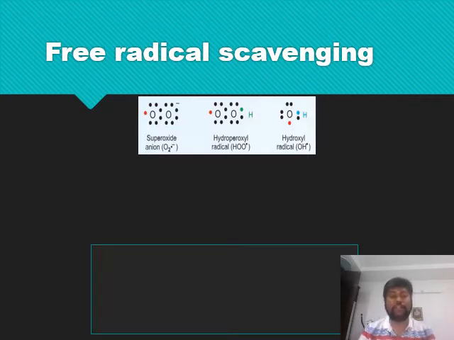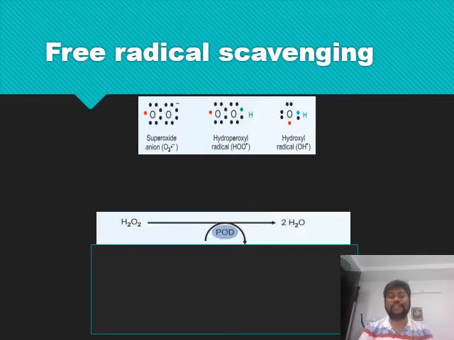That means it can be neutralized by an enzyme called superoxide dismutase. When superoxide dismutase acts on the superoxide radical, it will be converted to hydrogen peroxide. This hydrogen peroxide in turn will be neutralized or scavenged by an enzyme called glutathione peroxidase, which requires reduced glutathione as a coenzyme for its normal activity.